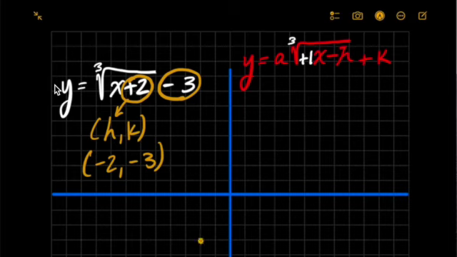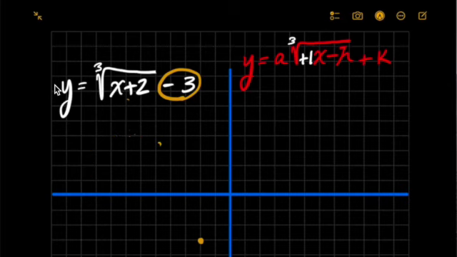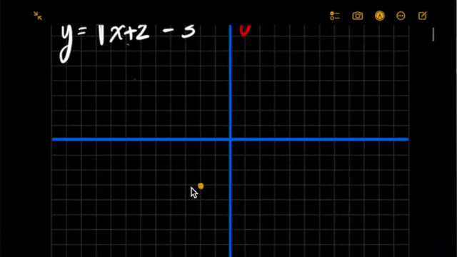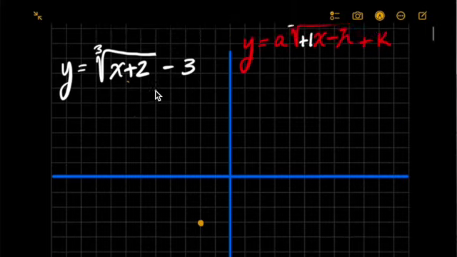Next thing we do in our analysis is look at the a value. If the a value is positive, that means we are going to open up going left to right as normal. If it's negative, it's going to be flipped. We do not see a negative here, nor do we see a negative inside the radical. That also would flip the graph. So positive, positive, signs are the same. We know that this graph is going to open up and to the right like so.